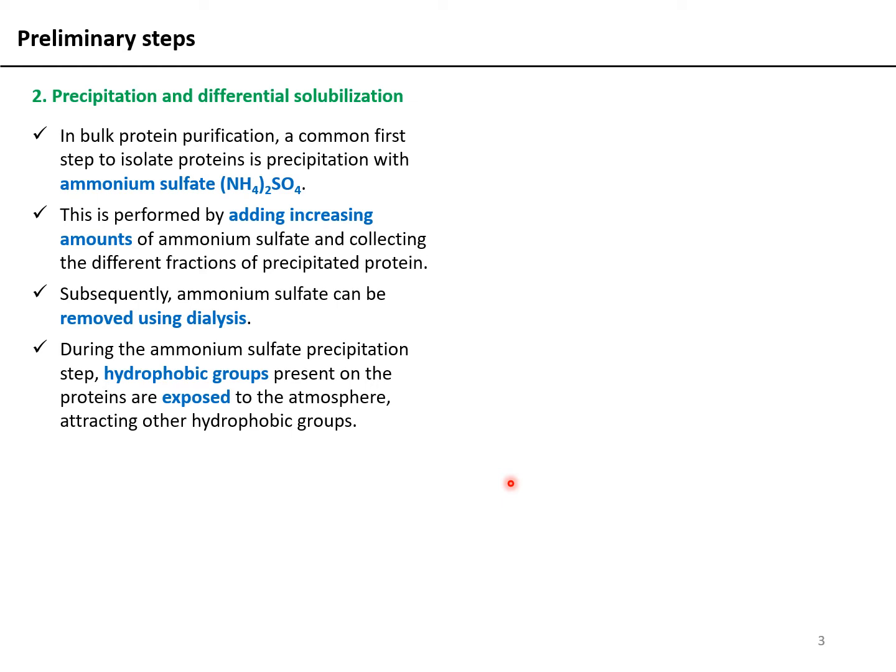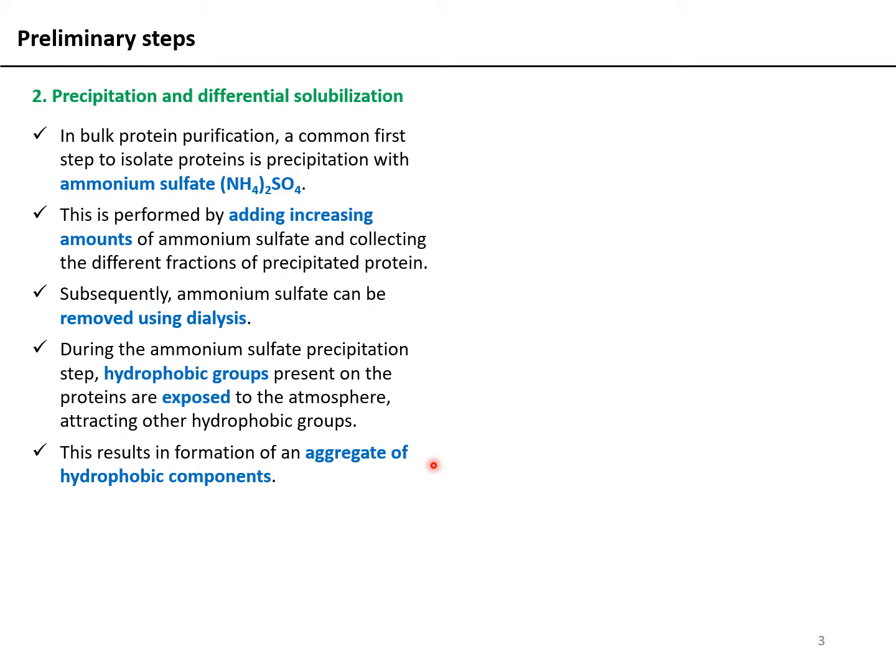It is their inherent nature and it is suggested in their name. They hate water. They are hydrophobic, so they will try to sequester themselves away from water. And in order to achieve that, they prefer to interact with other hydrophobic groups. This results in the aggregation of the protein, which subsequently will lead to precipitation.